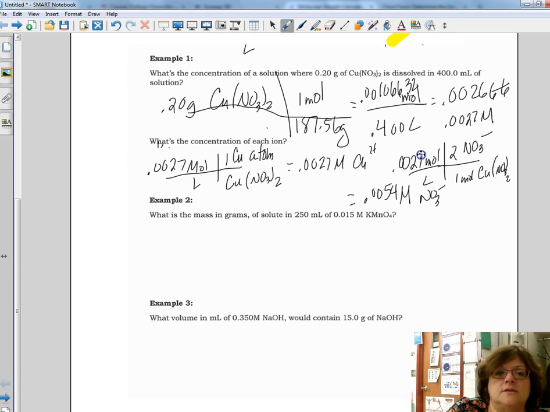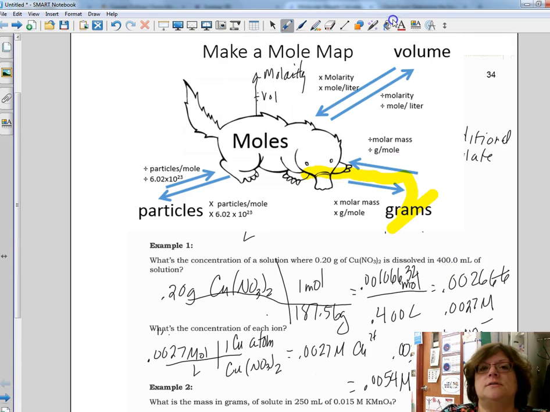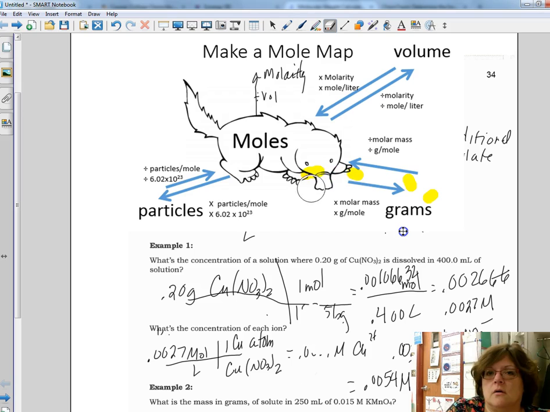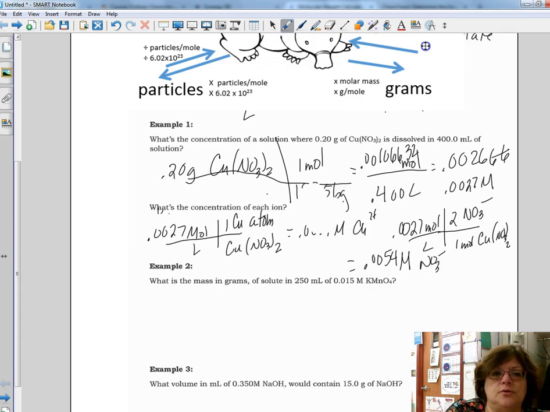The next one's asking for grams. So we go up here, we're going to solve for grams. And we're given volume and molarity. If we follow the arrow from volume to moles, we have to multiply.